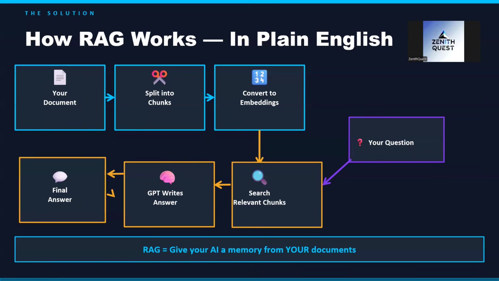And step six, those relevant chunks get sent to GPT along with your question. GPT reads only those chunks and writes the answer. So there is no guessing, no hallucination, just facts from your document. And if your question has no answer in the document, the system says, I don't have that information. Honest, safe, and production ready.